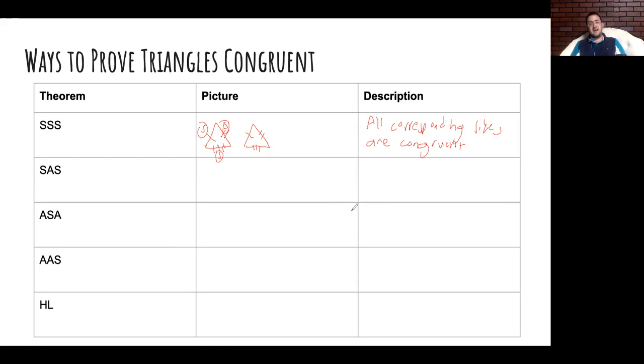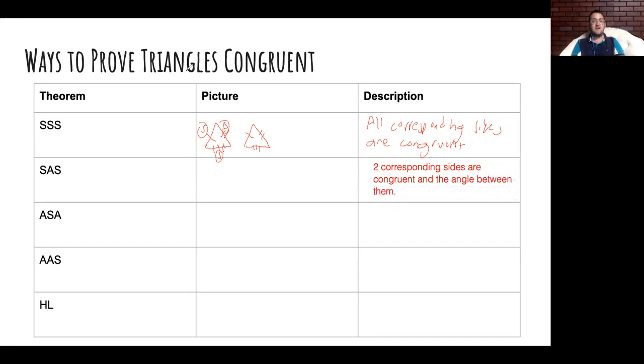All right, side angle side is next. And in essence, with the side angle side, I'm just going to type this out, that two corresponding sides are congruent and the angle between them.